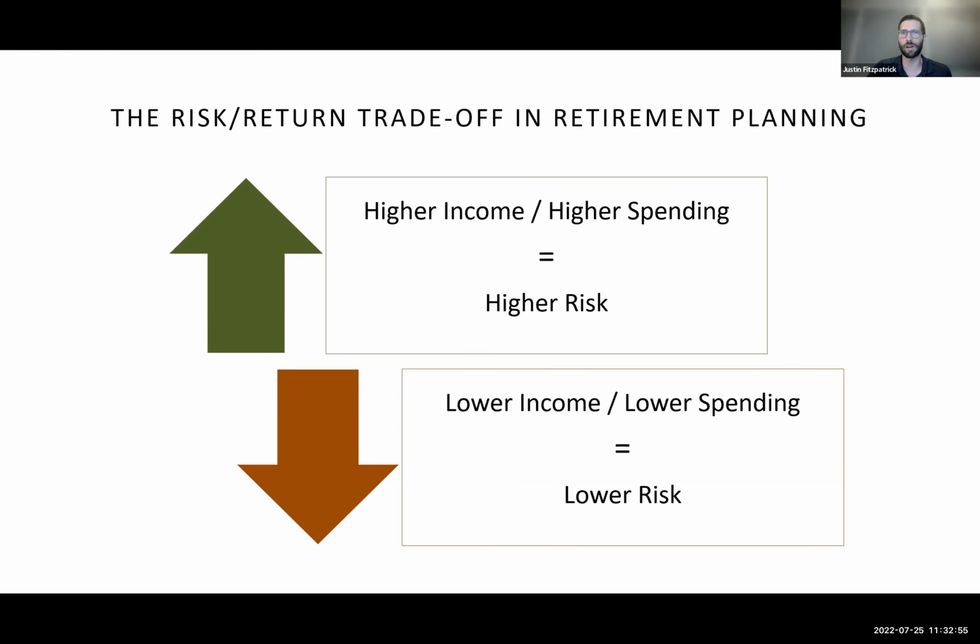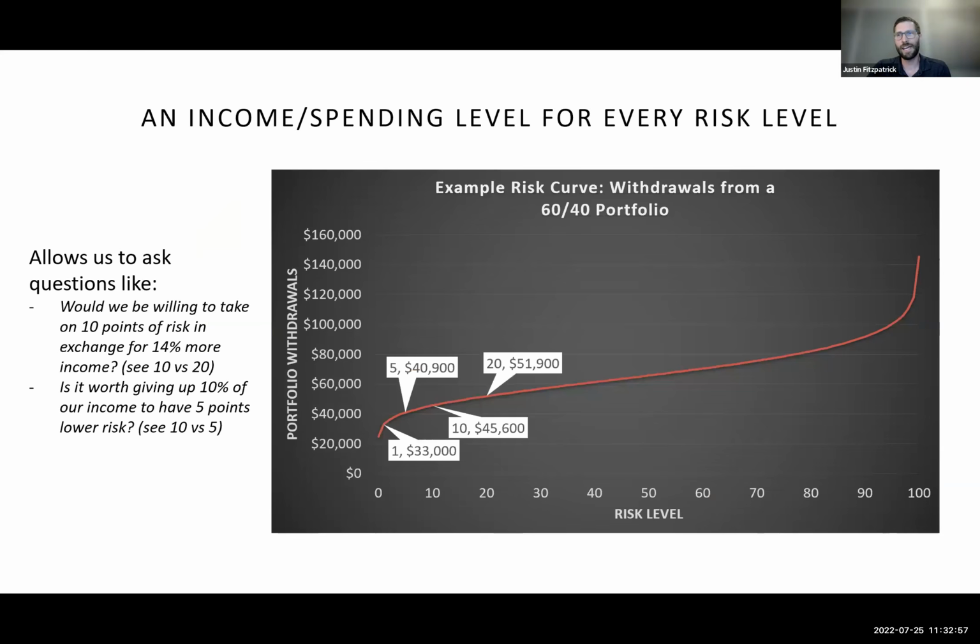People will find themselves anywhere along this. And we display this as a curve. So just saying risk level 0 to 100, which is equivalent, in a different framing, to a probability of success of 100 to 0, or probability of failure of 0 to 100. And it just shows the trade-off here, right?